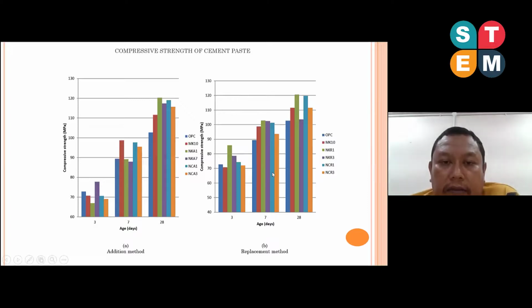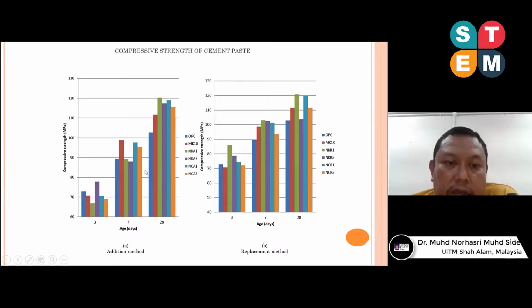At day 7 again, the replacement technique of nanomaterial, which includes nanometakaolin and also nanometaclay, performs gradually and increases the strength compared to day 3.